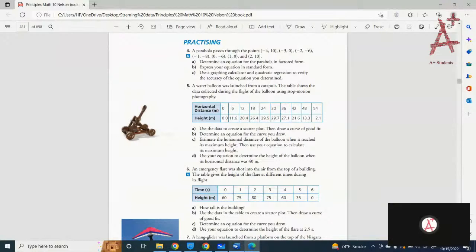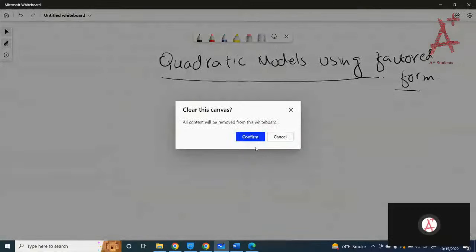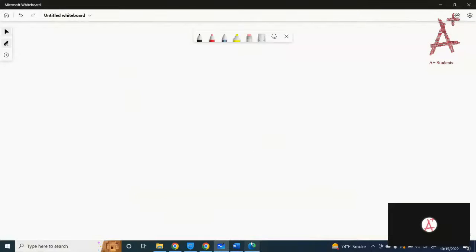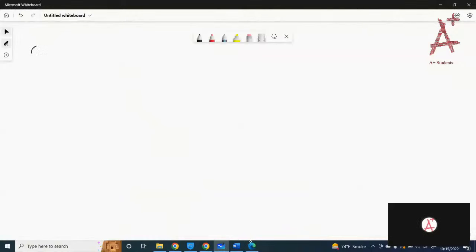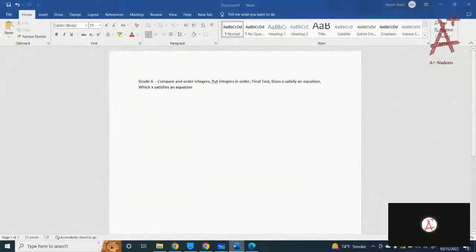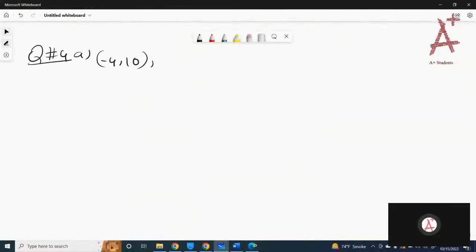Let me note down the points on the board. The points are negative 4, 10. Then we have negative 3, 0, negative 2, negative 6.